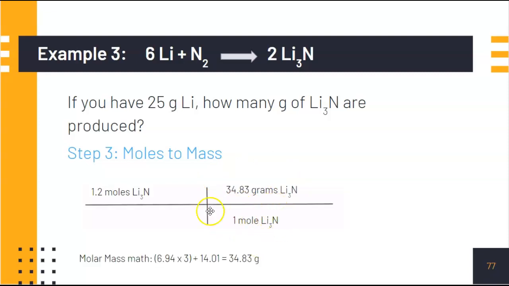So I'm going to put moles on the bottom so it cancels. 1 mole is 34.83 grams, and here's me showing my work, how I got that: lithium times 3 plus 1 nitrogen. That's how I got that 34.83. That's the molar mass. Now I take that 1.2, multiply it by 34.83, and that gets me 41.8 grams. So yeah, three-stepper. That's as long as it gets. The longest problem you can have is a three-stepper.